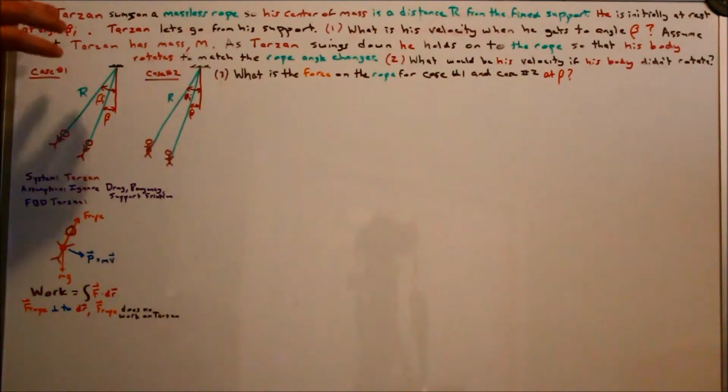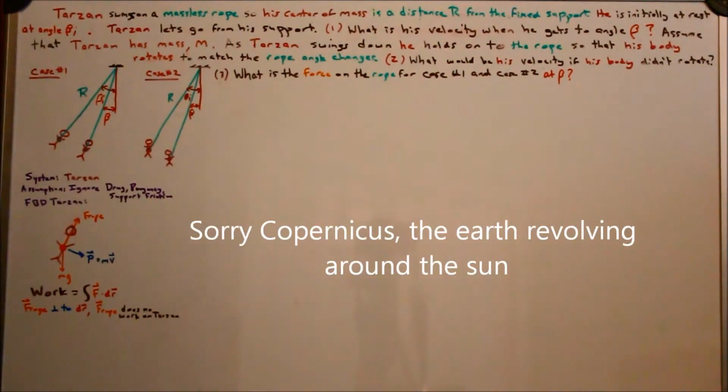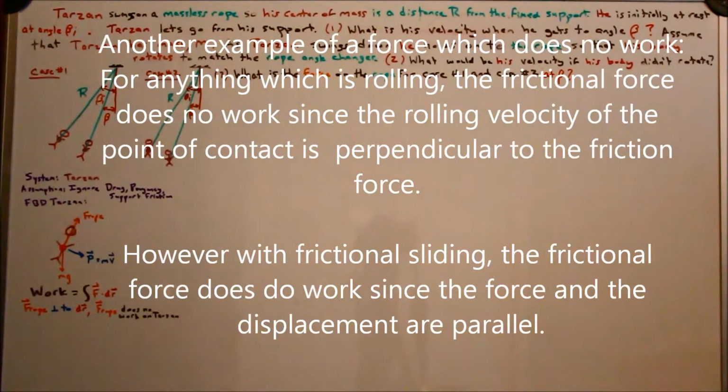This would be true for, let's say, the Earth revolving around the Sun. There's no work done on it. Another case is a cylinder pure rolling down a hill. There's no work done between the frictional force and the ground.